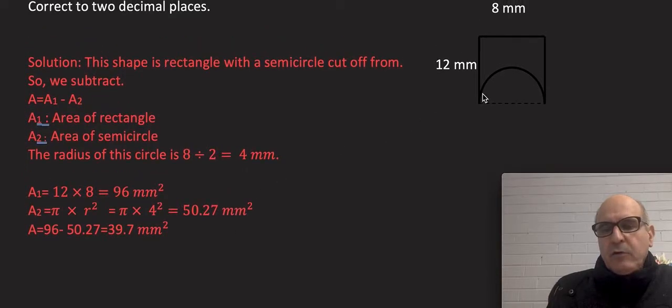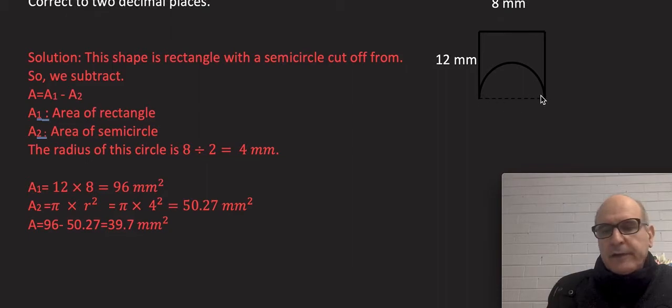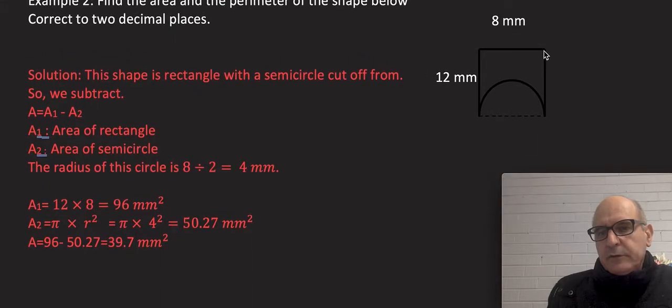Now, as for this semicircle which has been cut off from it, we have to work it out, and because it's taken away, we have to subtract. You know that the area of a circle is pi r squared, where r is the radius. Here I have the diameter, which is equal to this, which is 8. So my diameter is 8, which means my radius is half of that, which is 4.